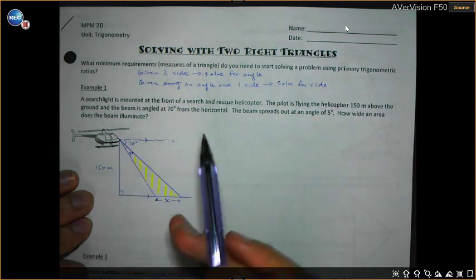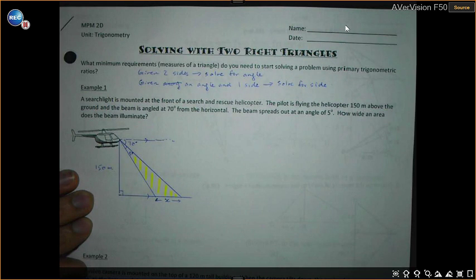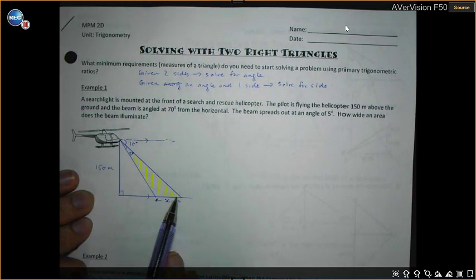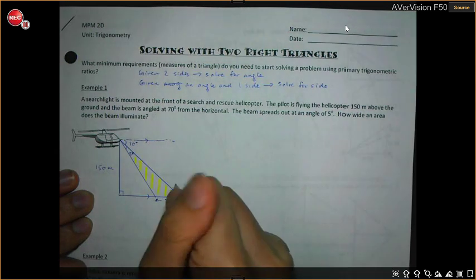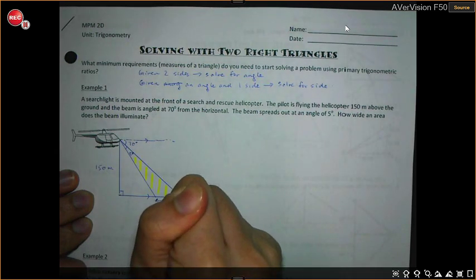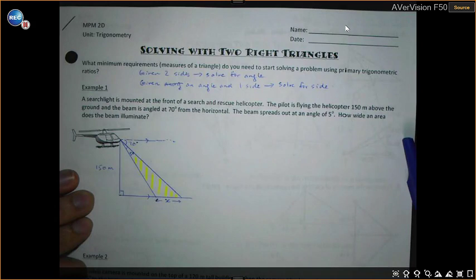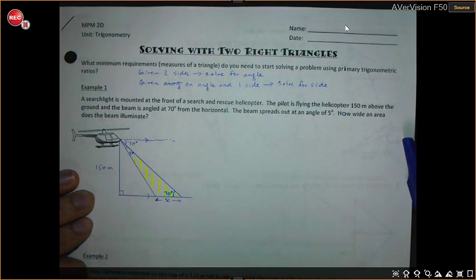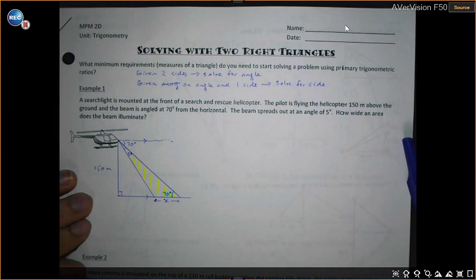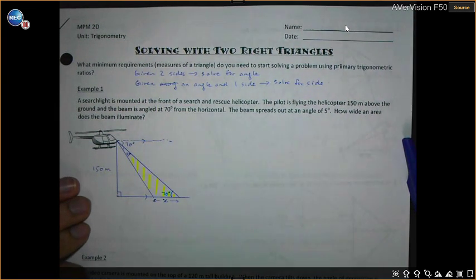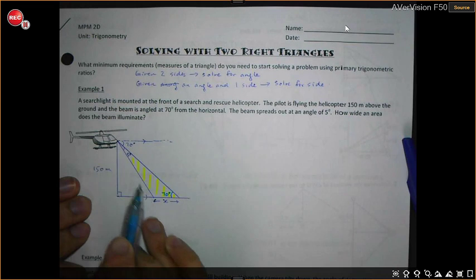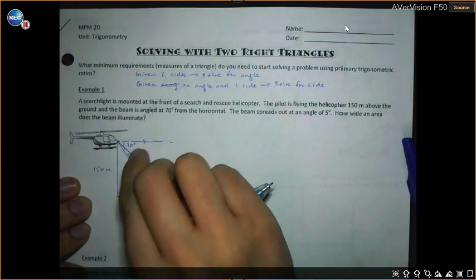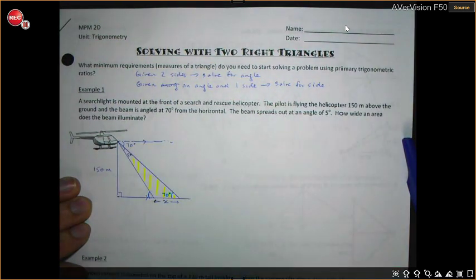So let's see, based on the Z pattern, we see that this angle is also 70 degrees. And then again, based on the Z pattern, we can conclude that this angle is the sum of these two, which is 75 degrees.